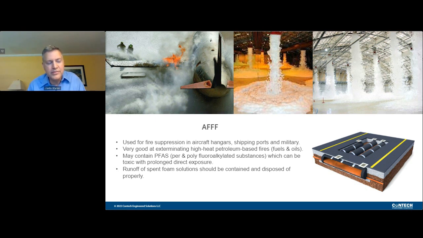These are substances in a group known as forever chemicals because they do not break down on their own in the environment. They can also cause cancer and have some toxicity problems with prolonged direct exposure. So AFFF, as well as some of the newer fluorine-free firefighting foams, need to be routed to an underground containment system so that they can be disposed of properly.